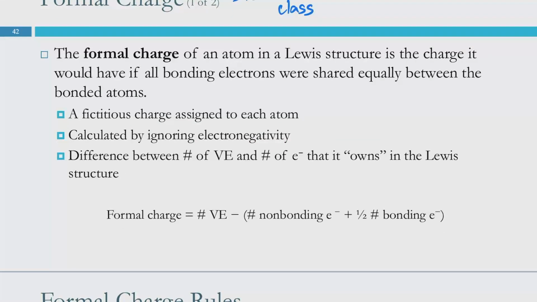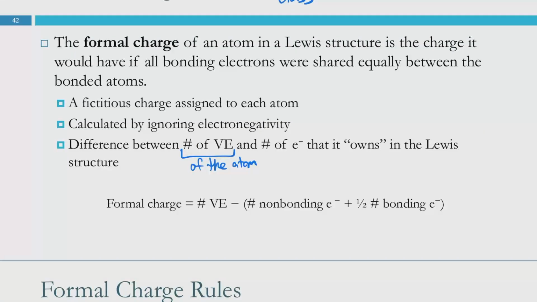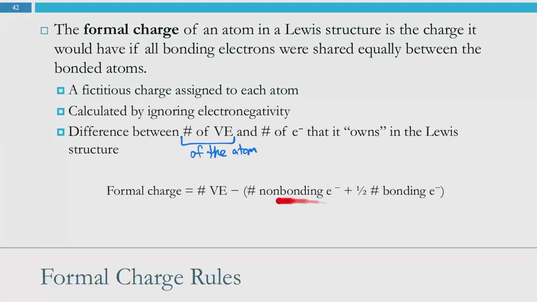and it's a difference between the number of valence electrons of the atom that we're looking at and the number of electrons that it owns, quote unquote, in the Lewis structure. So a formula way that we can do this is the formal charge is the number of valence electrons minus the number of non-bonding electrons, basically lone pairs.